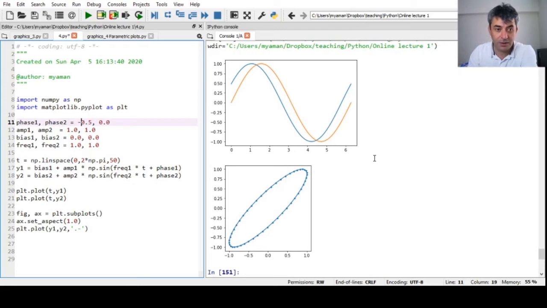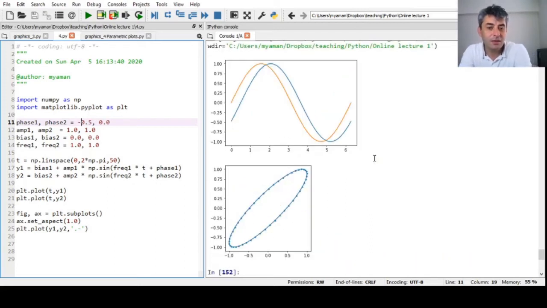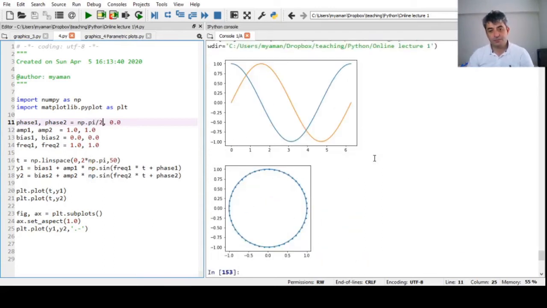If you have a minus phase, then you still have the same type of shape, and this is something I was expecting to move the other way around, but never mind, it's okay. So let's do the pi over 2 phase again. That's my circle.